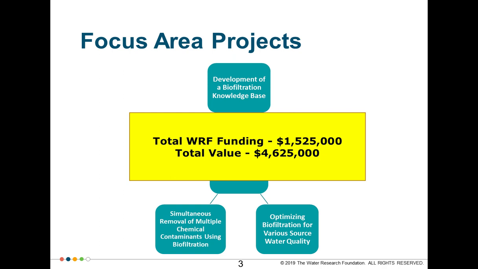The Foundation to date, under this research area, has funded 6 projects. 5 of those are completed. The last project, the biofiltration guidance manual, is ongoing and is going to be completed sometime later this year.